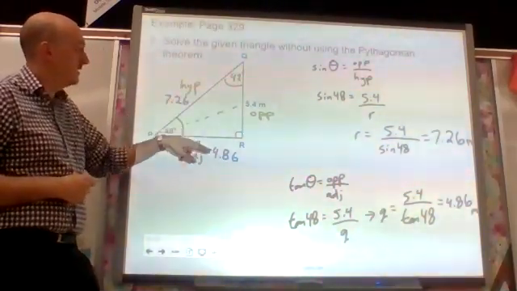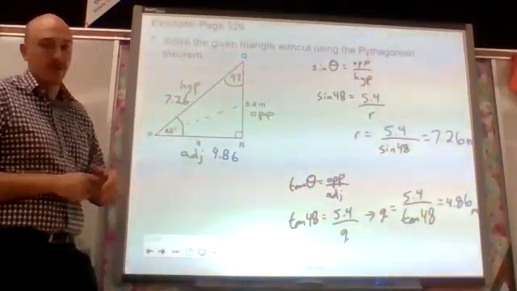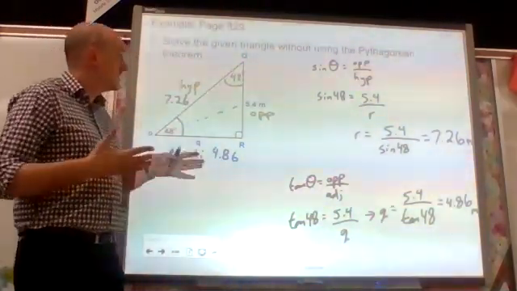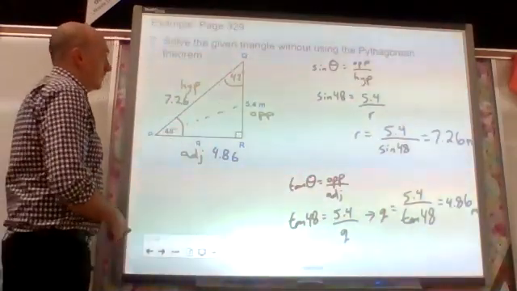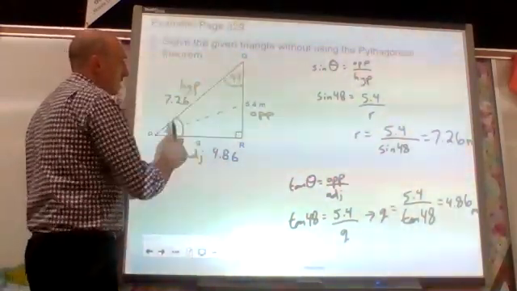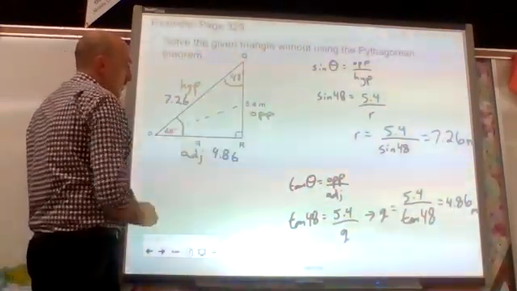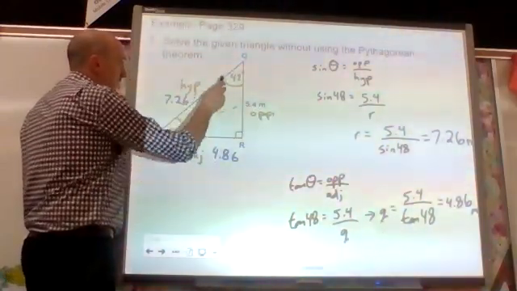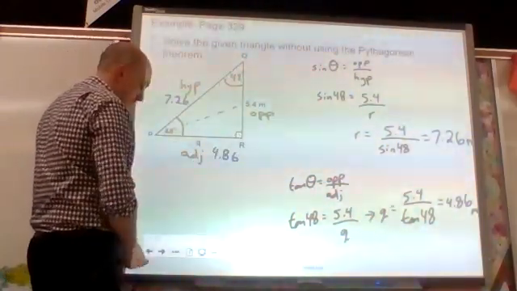This has got to be the biggest, but these two added together have to be bigger than that. Okay, so this is a fully solved triangle. I've got R, I've got Q, I've got my angles. So I've got 3 sides, 3 angles. Don't forget this one's a 90.